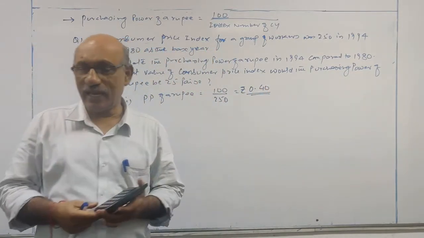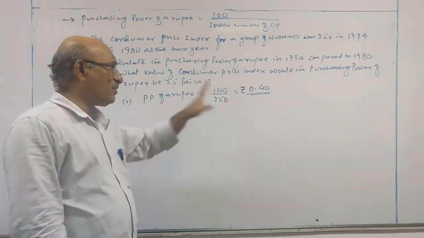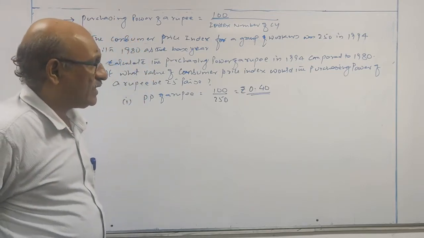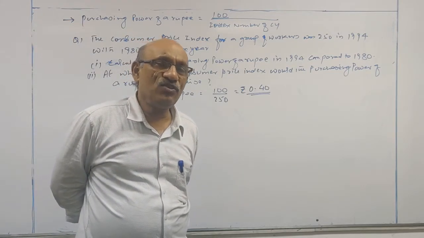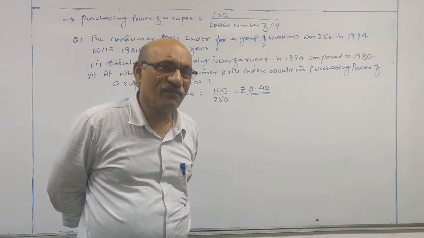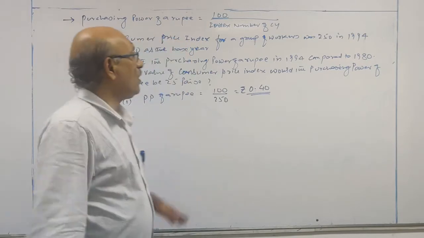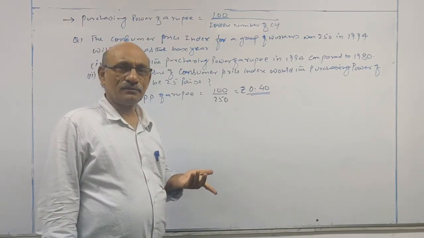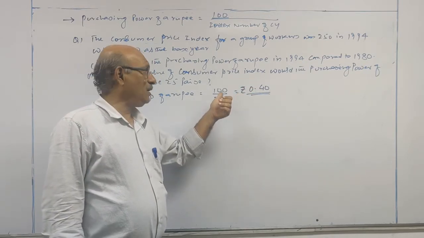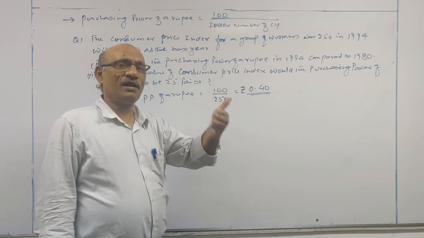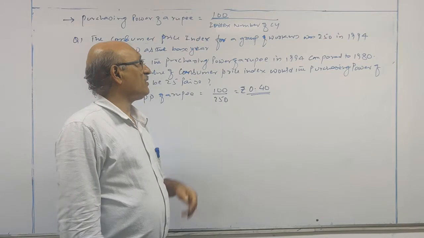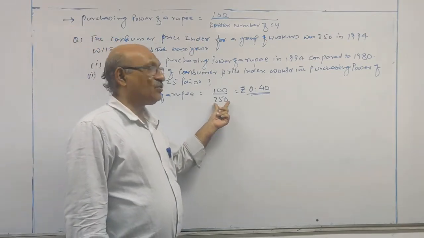Now you have to take the economic interpretation of this one. What does it mean actually? An item which was available for 40 paisa in the base year is now available for 1 rupee. It means its index price is raised to 250.